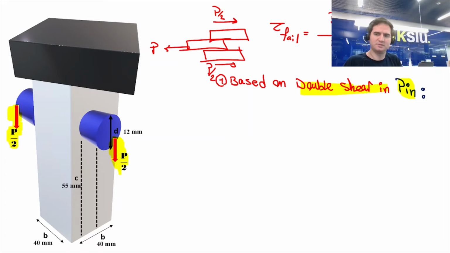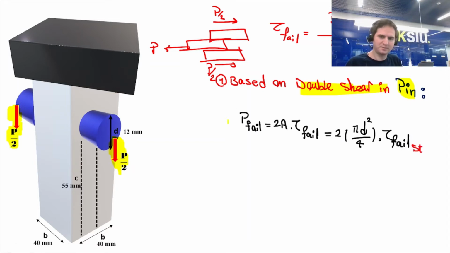So P over 2 area equals tau failure, and the force is tau failure times 2 times area.